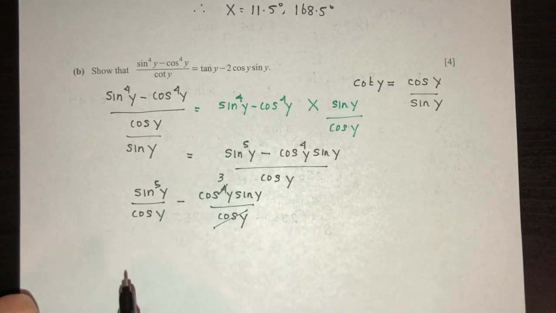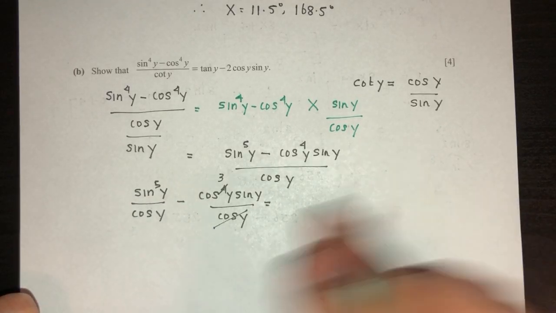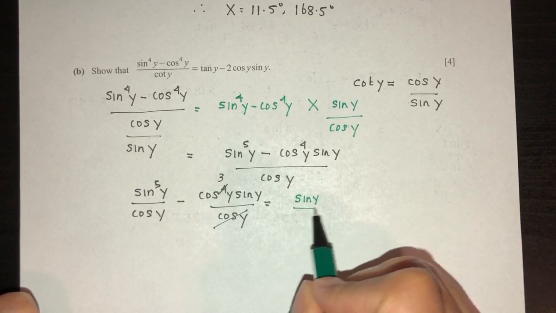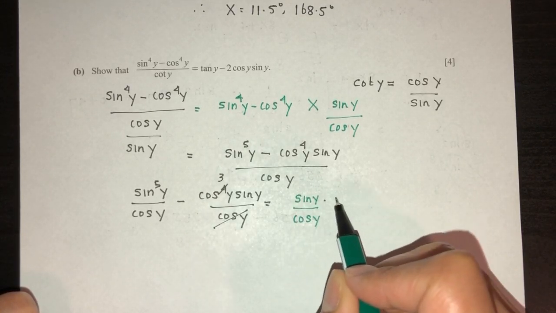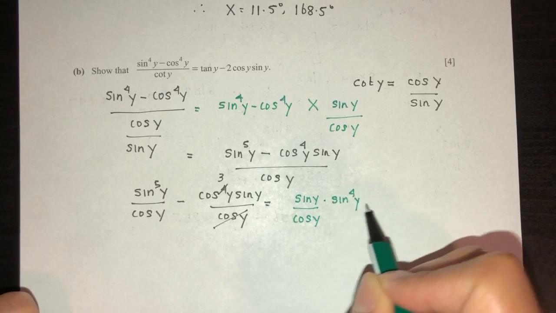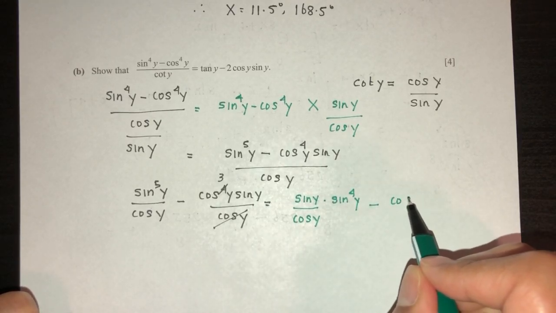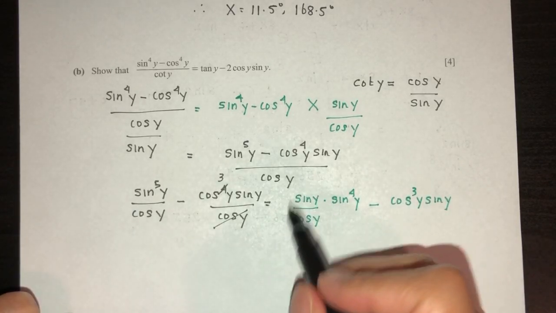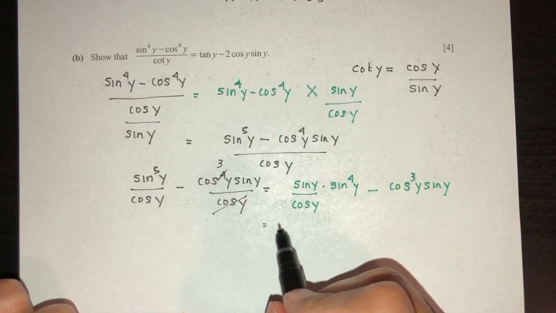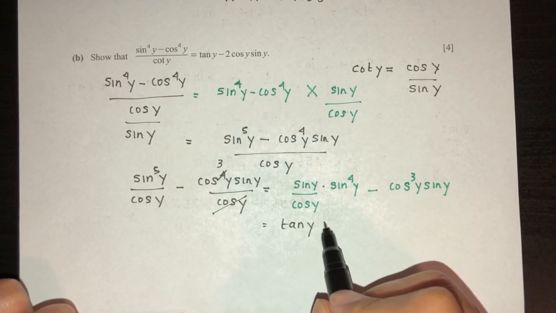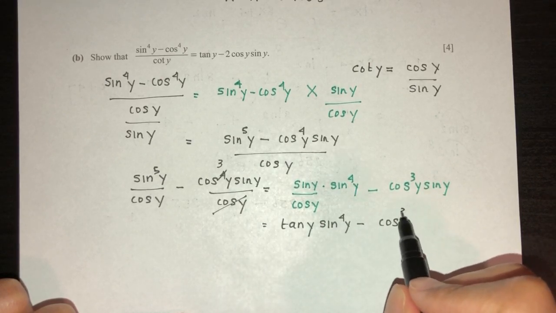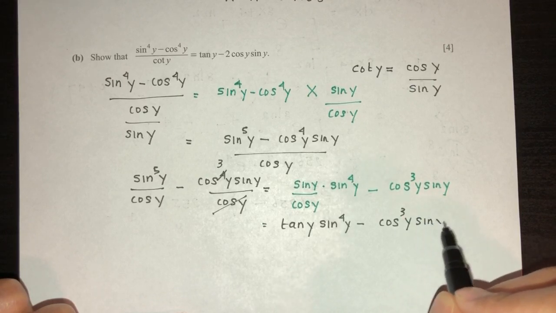Now this one can be simplified: if you take out a value of sine, sin y over cos y times sine power 4y minus cos 3y sin y. Now this will become tan y. That's the first step: tan y times sine power 4y minus cos 3 minus sine y.